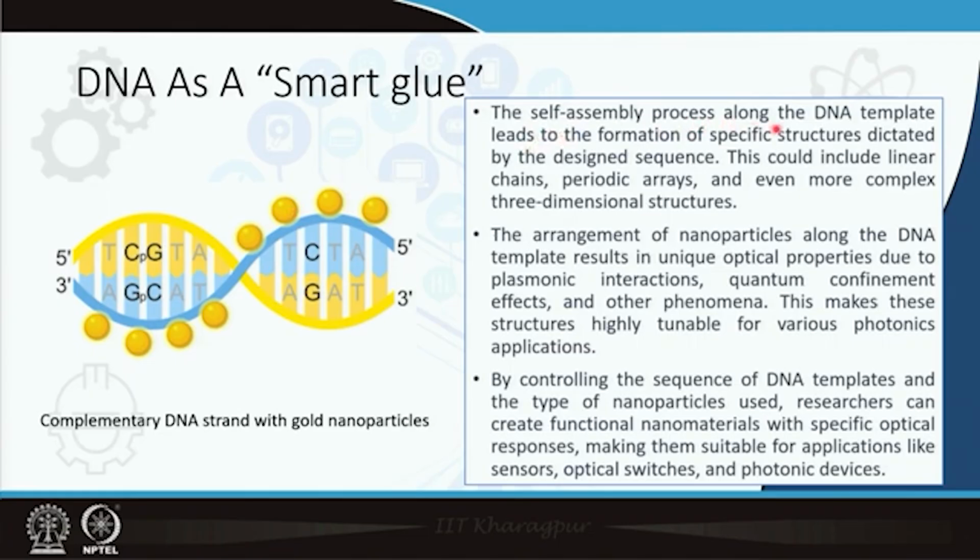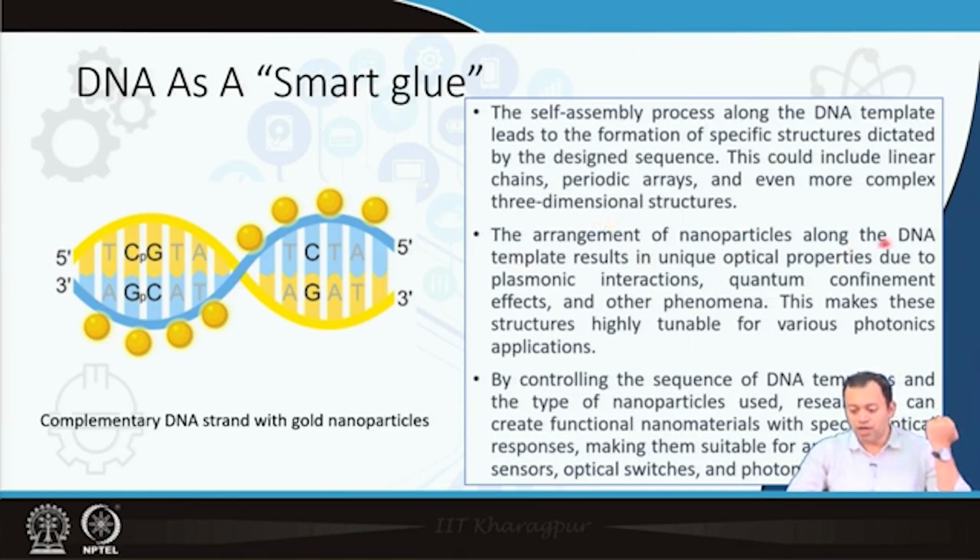So, the self assembly process along the DNA template leads to formation of specific structures dictated by the design sequence. So, this allows you to control it so that the nanoparticles are arranged in a specific pattern. A particular pattern is maintained. This could include linear chains, periodic arrays and even more complex 3-dimensional nanostructures.